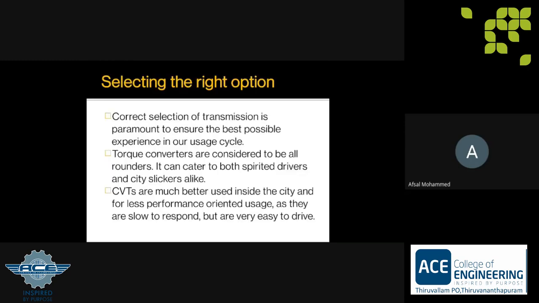Okay, the next point that we'll be looking at is selecting the right option. So we have seen that there are different types of transmissions. However, how does one choose between these transmission options? If we choose the wrong option, then it can be a burden and it can reduce our peace of mind drastically. Because somebody who is simply driving in the city does not require a DCT, and they might only require a CVT.